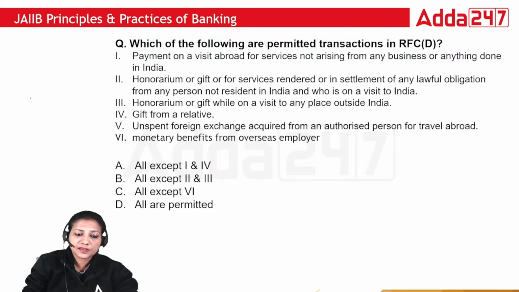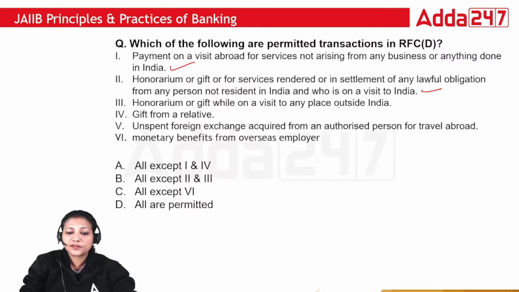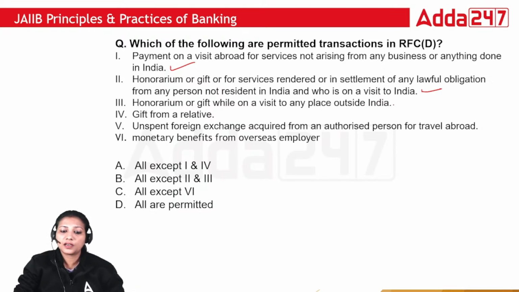And right answer will be all except 6. Payment on abroad for services not arising from any business, this is right. This is allowed in RFCD account. Honorarium or gift, this is allowed, or any lawful obligation. Honorarium or gift which was given on visit to any place outside India.